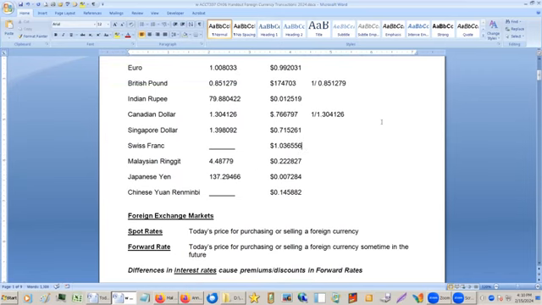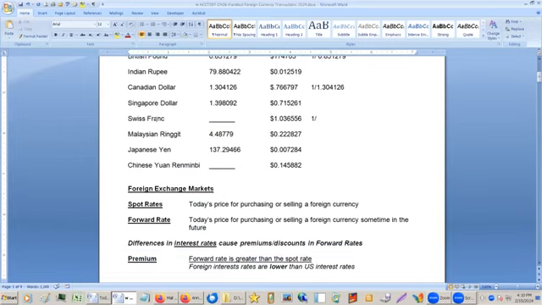Swiss franc, this one's not going to be too much different, but the Swiss franc is worth a little bit more than ours, so we gave them $1.